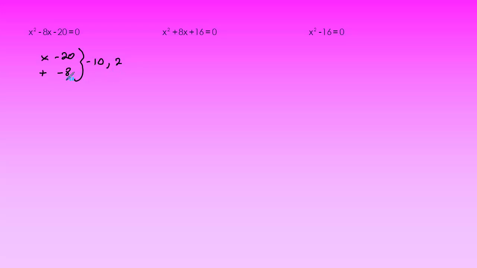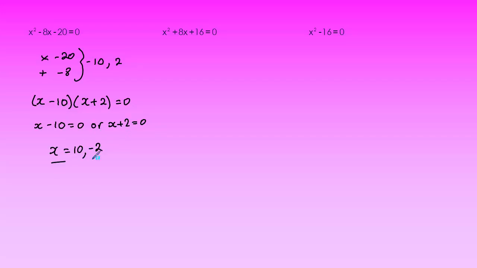Negative 10 add 2 is negative 8. So x minus 10, x plus 2 is equal to 0. So using the null factor law, x minus 10 equals 0, or x plus 2 equals 0. So x will either be 10 or negative 2.